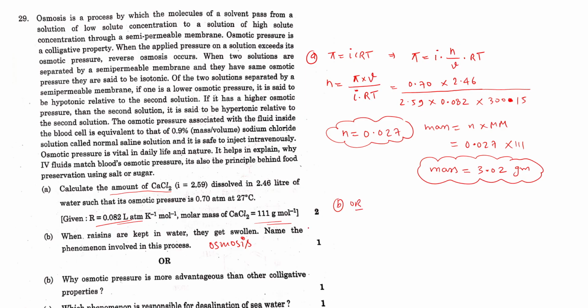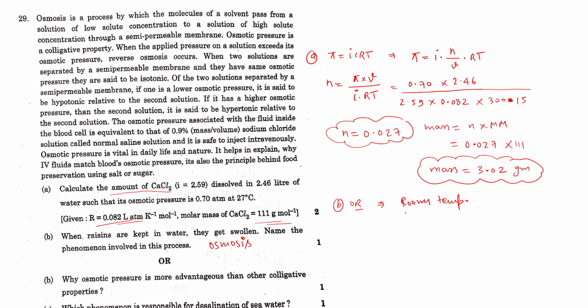Then the second part: why is osmotic pressure more advantageous than other colligative properties? The determination of osmotic pressure occurs at room temperature. That is the first thing.